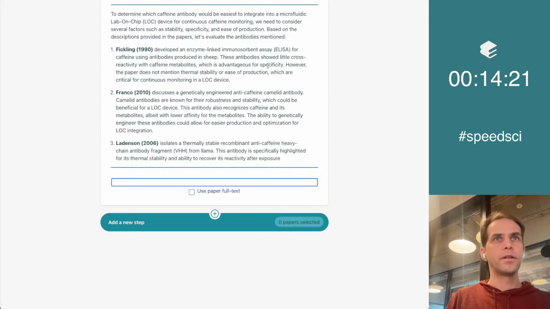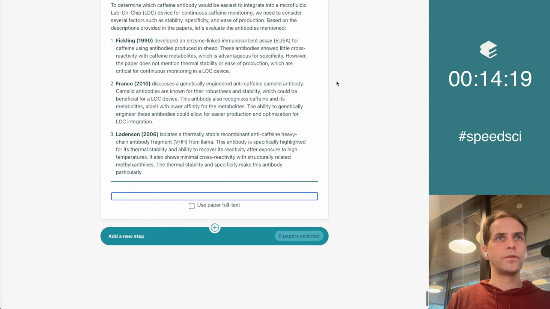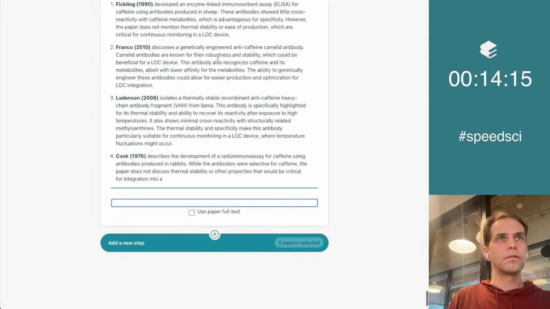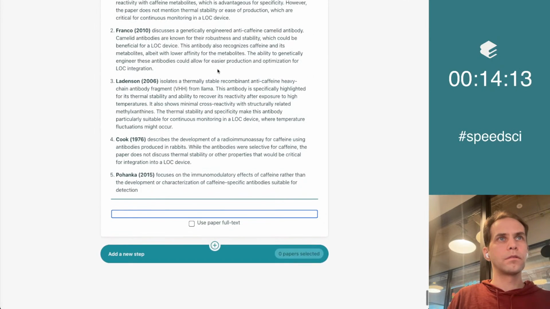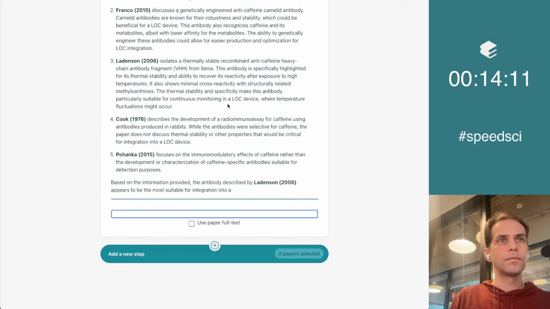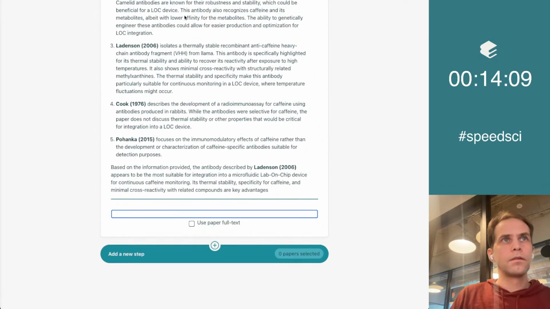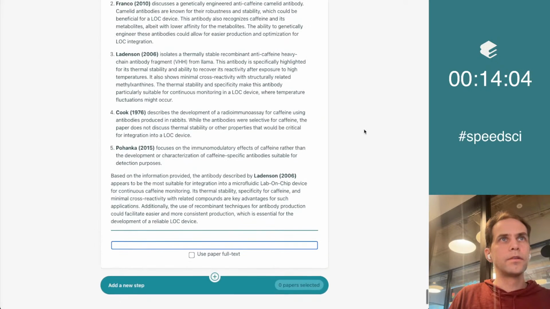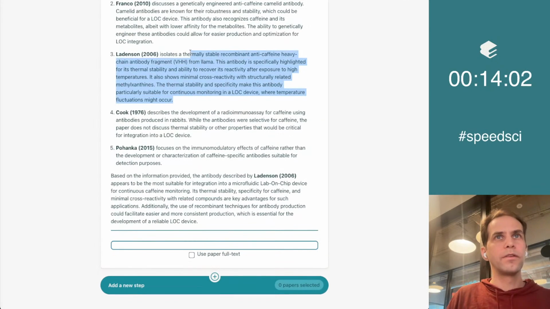Yeah, thermal stability, ease of production, we would need to know. Ladenson 2006, thermally stable. Minimal cross-reactivity.